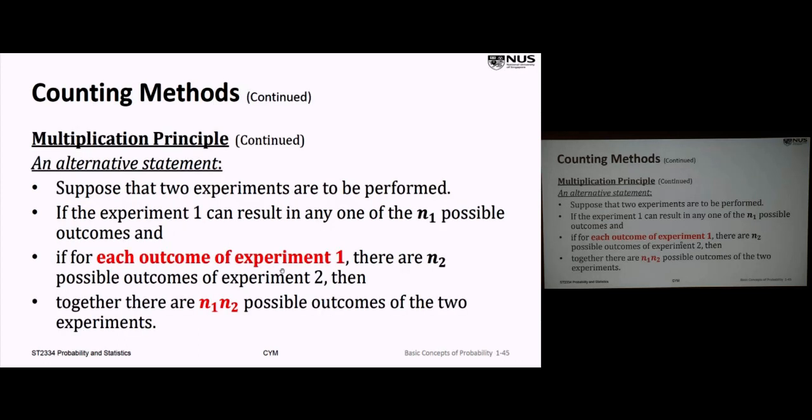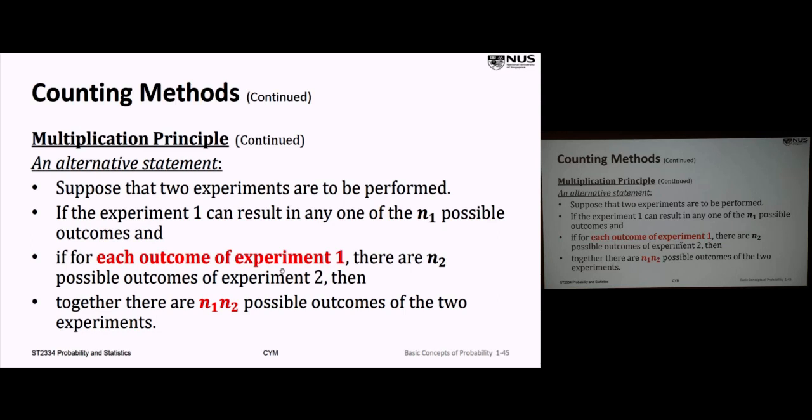It's an alternative statement, which, as I say, is equivalent. Now this is a little bit more of a scientific statement. So suppose you have two experiments and you're going to perform them, right? Just as in my coin flipping and rolling of the dice. Experiment 1 can result in any one of n1 possible outcomes. So flipping a coin could be 2, head or tail.